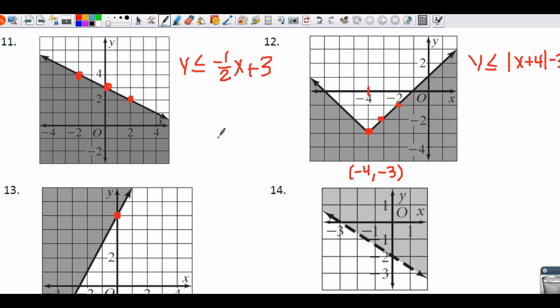You have a solid line with a slope of positive 2. Shading is above. And your y-intercept is at 5.